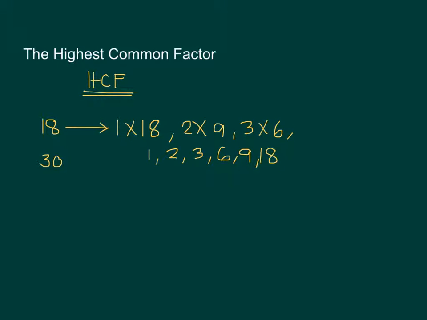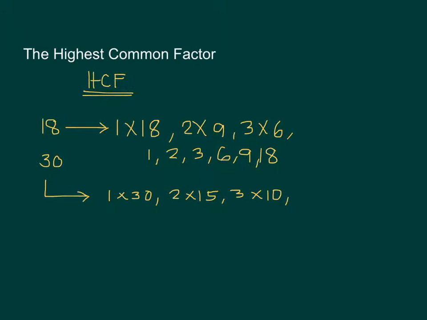And then I look at the factors of 30. So I'll think of two numbers that, if I multiply them, become 30. So 1 times 30. And then that's also 2 times 15. I know it's also 3 times 10.